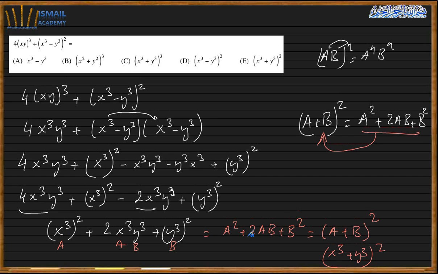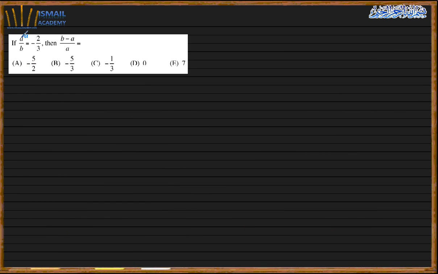All right, next question. b minus a over a. So a over b is minus 2/3. I want to find out what b minus a over a is. So b minus a over a is the same thing as b over a minus a over a, which is b over a minus 1.